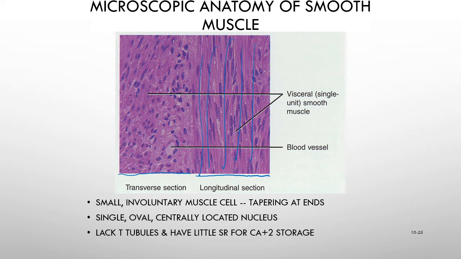So if we had a piece of intestine here, we would have some muscle fibers running the length of the muscle this way, and then another set of muscle fibers wrapping around the muscle. And so they're generating a situation like this.